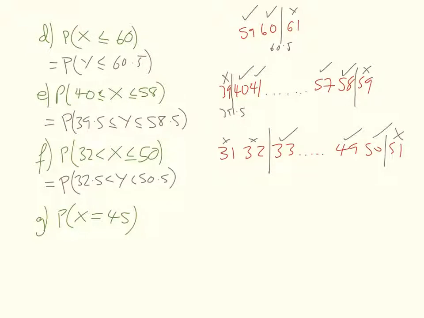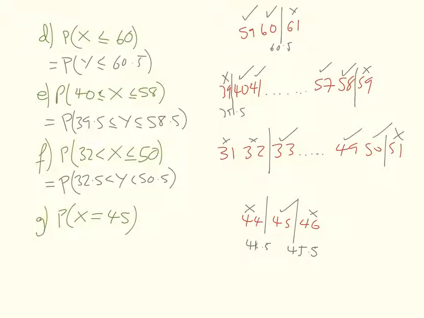Okay, and finally now we're looking at an example where X is equal to a value. So again, I'm going to do the numbers around 45. And we've got to think, what are the numbers that we want? What are the numbers that we don't? Well, we want 45. We don't want anything else. So we're going to have to do a continuity correction on that, because 44.5 and above will round up to 45, and 45.5 and down will round down to 45.